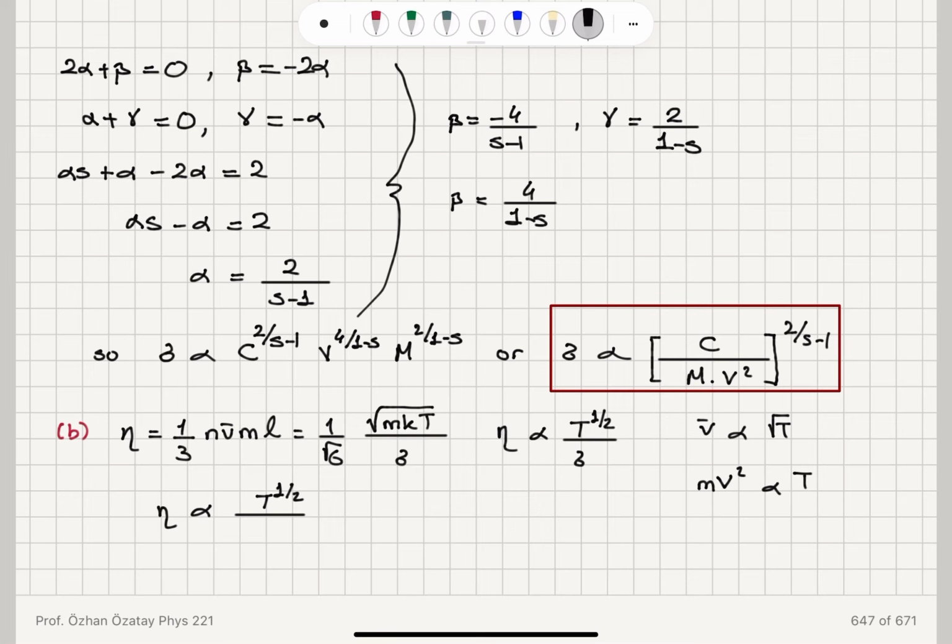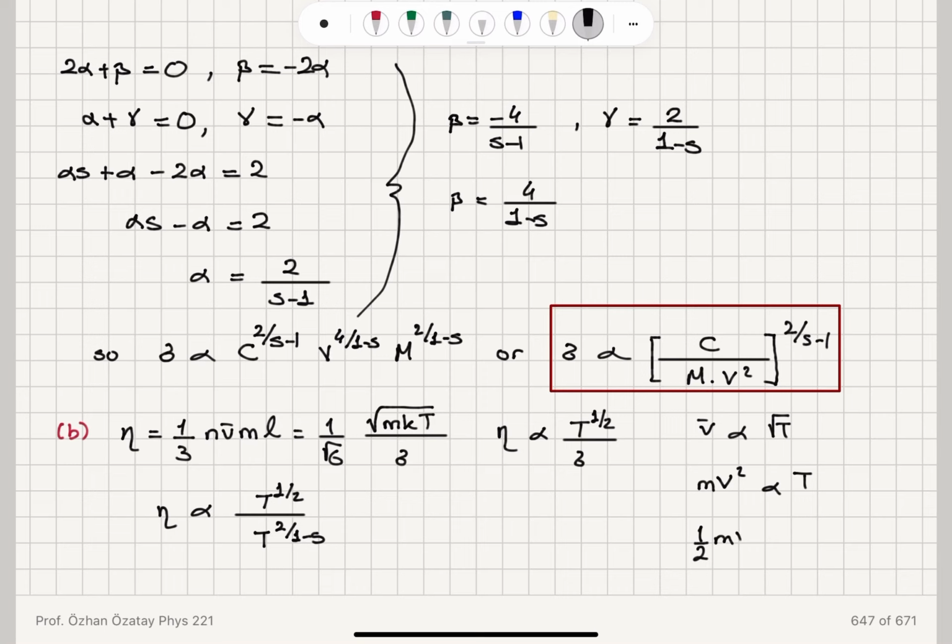So basically for m v squared, if we substitute T, this is going to be T to the power 2 over 1 minus s. So this m v squared has temperature dependence T due to the equipartition theorem.